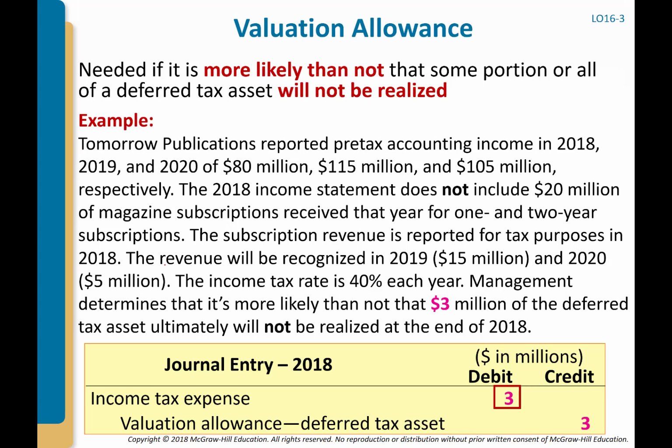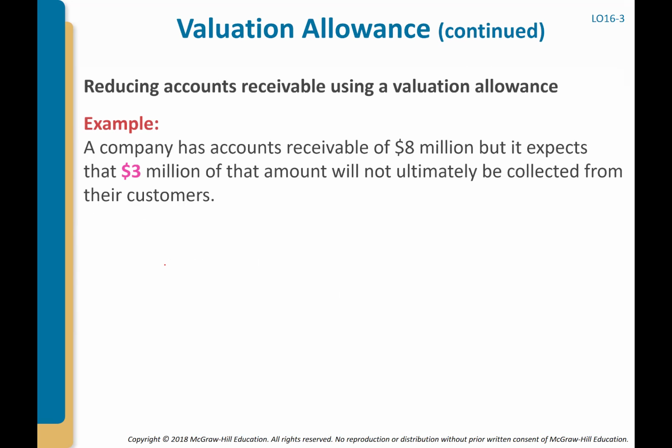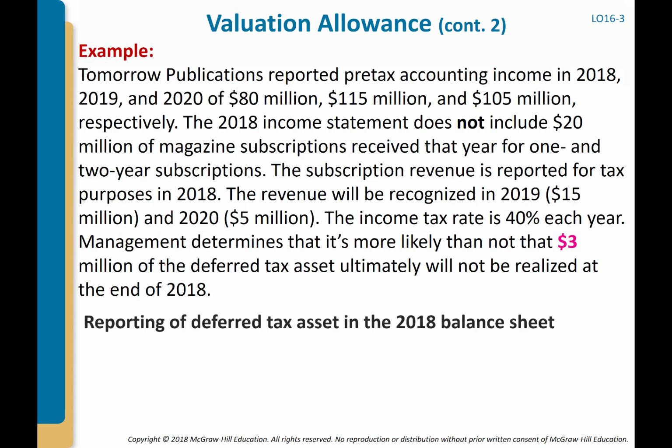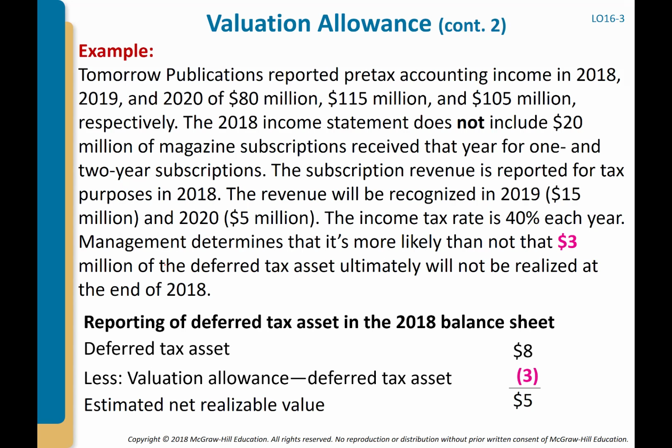So you debit the tax expense this period. This is just the presentation of it. You still report the deferred tax asset gross, don't you? But then you show a valuation allowance against it, for whatever amount you think you're not going to realize the benefit of.